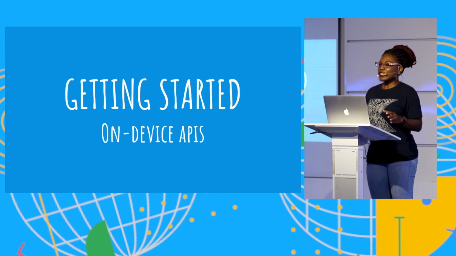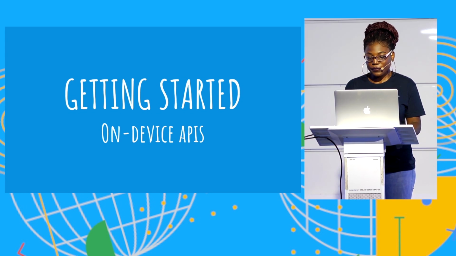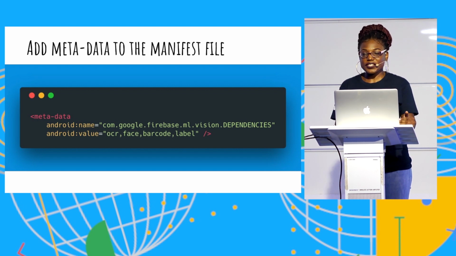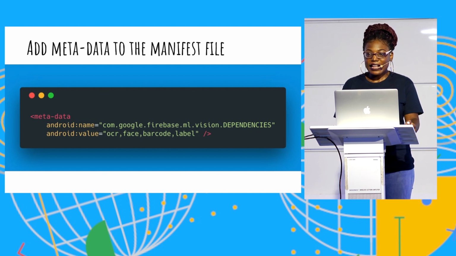So this section was for both cloud and on-device. This section is only useful if you're using only on-device APIs. You need to add this metadata to your manifest file. This is because when users install the app, there's an option to download all the base API models before they're actually needed, so that even if the user is offline, they can still use the ML Kit functionality in the app.